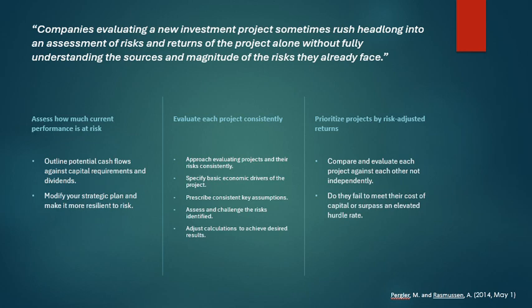So most companies usually may be brainstorming, have a few ideas on what they want to move into, and rather than do them individually, they can pin them up against each other. So do they fail to meet the cost of capital, or do they surpass an elevated hurdle rate once plugged in and doing those calculations?